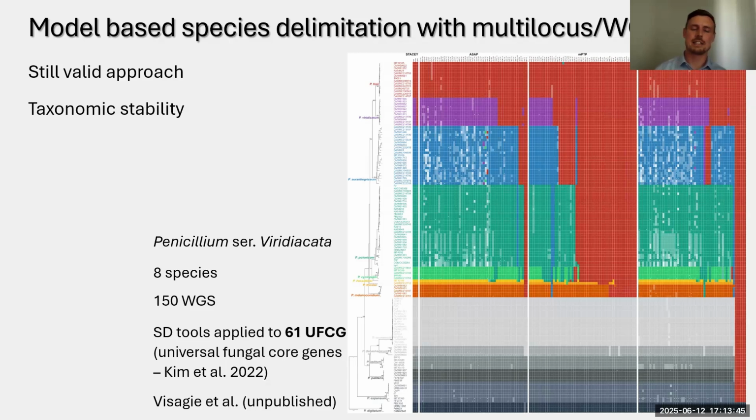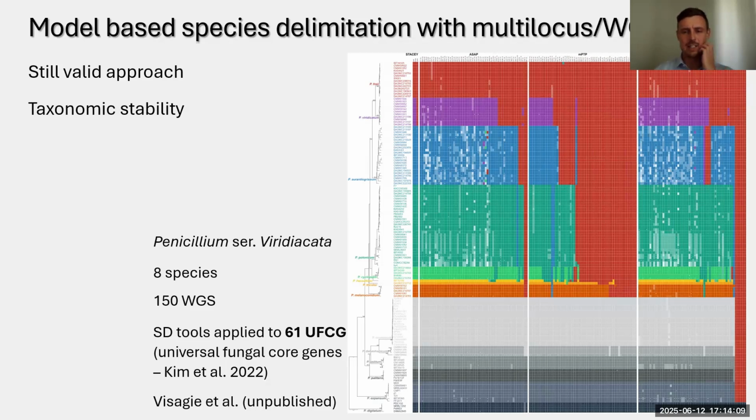This is the example of series Veridicata of Penicillium, a rather small part of the genus, just 8 currently accepted species, but we acquired a large number of strains and whole genome sequences.